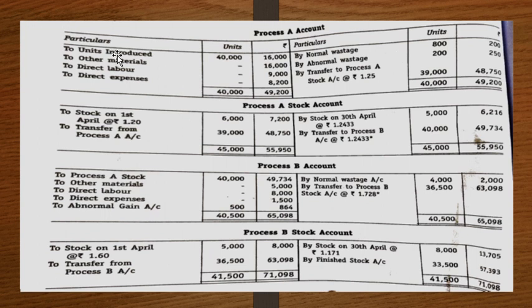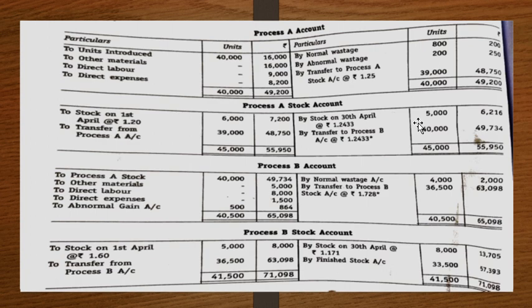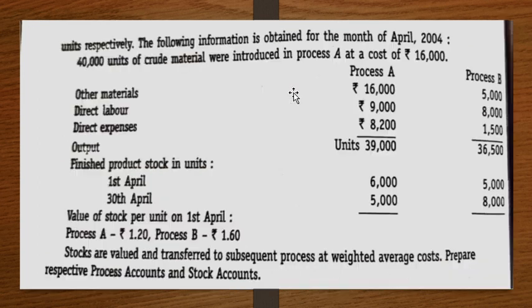So units introduced are 40,000 at a cost of rupees 16,000. The other inputs are other materials 16,000, direct labor 9,000, and direct expenses 8,200, which will be considered. So your input expenses which are spent are being counted.